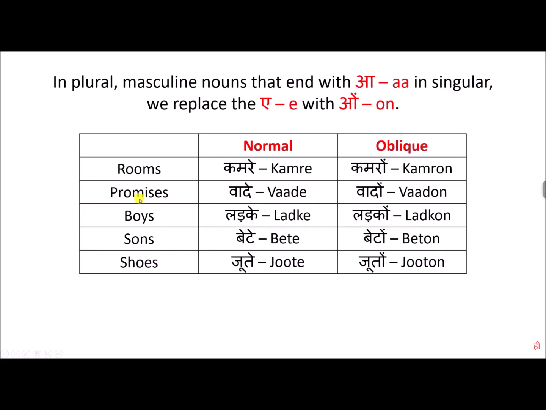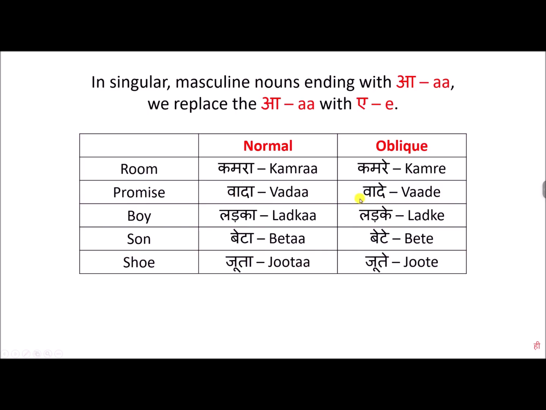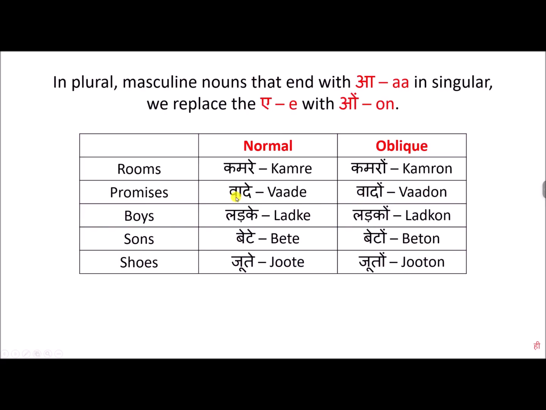Wade is promises, plural, and it looks like the oblique of singular. Wade is normal, and this wade becomes wadon in oblique. So de becomes don, a becomes o.